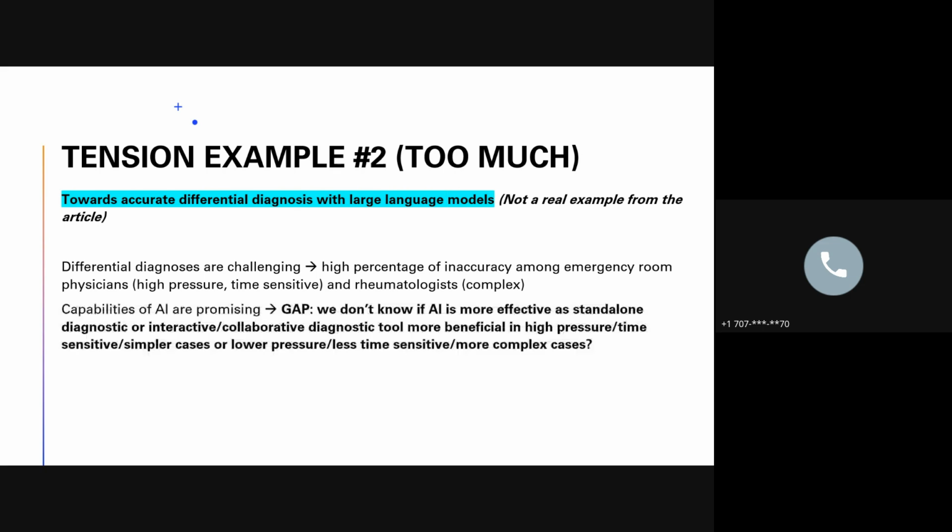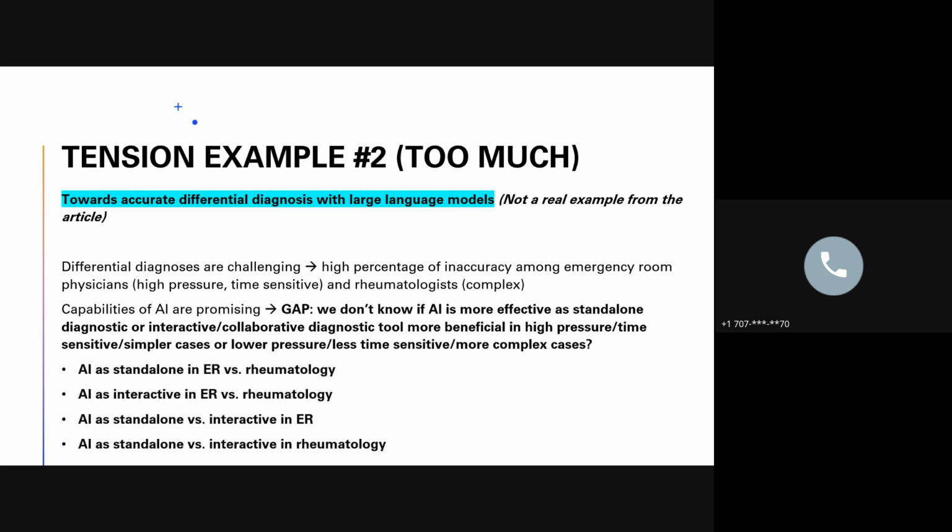There's this high percentage of inaccuracy. And AI is a promising intervention. We don't know if AI is more effective as a standalone or interactive tool, or if it's more beneficial in high pressure or time sensitive or simpler cases, or low pressure, less time sensitive, more complex. And so then I want to look at all these different things. So here's too much tension. There's too many things we don't know, and I'm going to try to encompass all in one article.